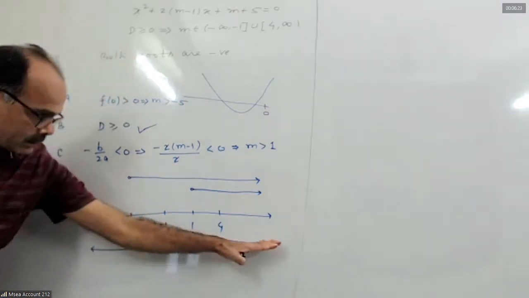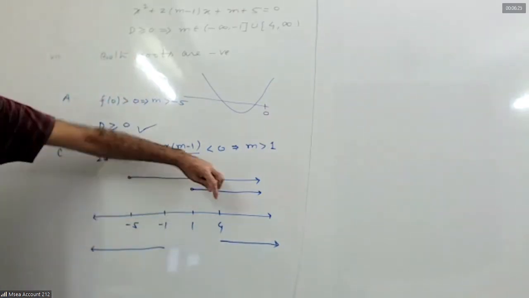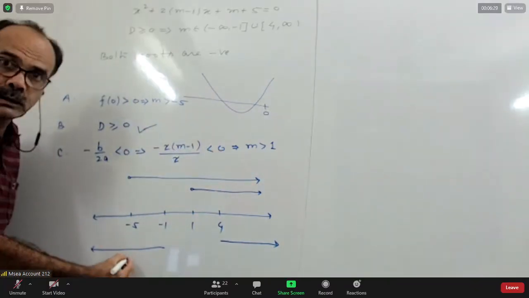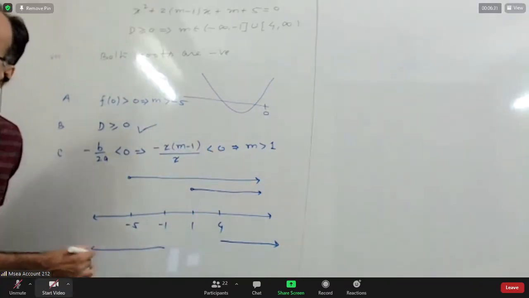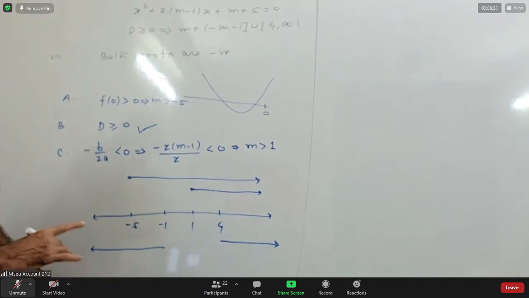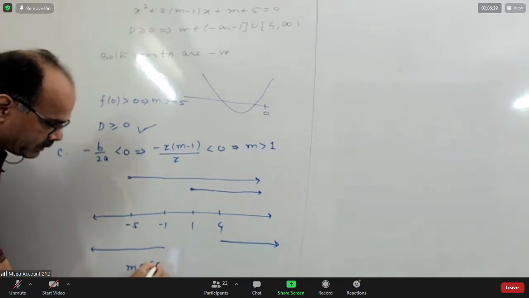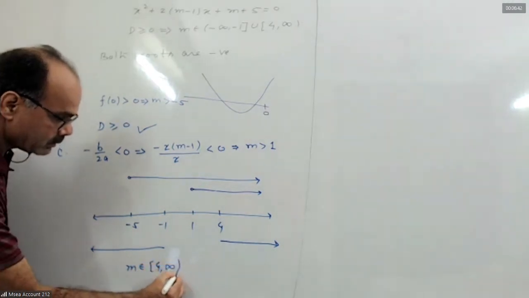This is one set. The region covered by all these three sets is 4 to infinity. So M belongs to, this down part is visible. Yes, sir. M belongs to 4 to infinity. Okay.